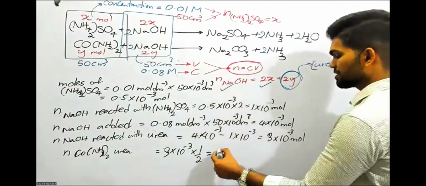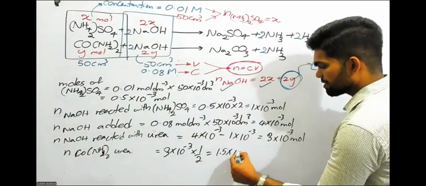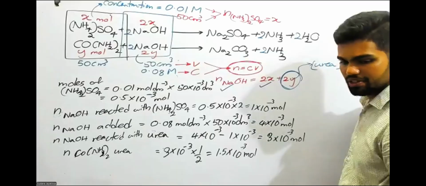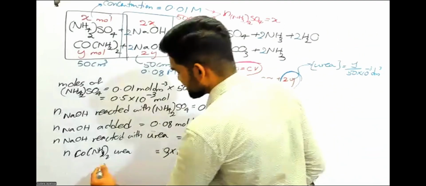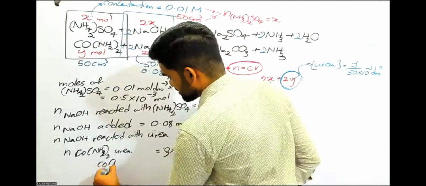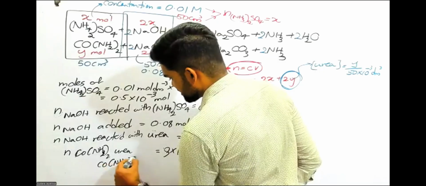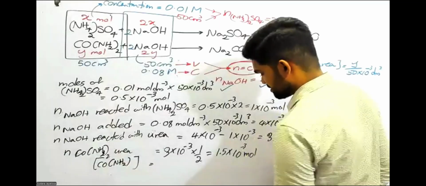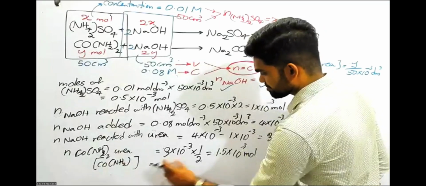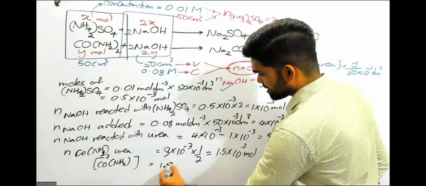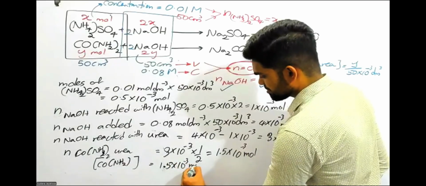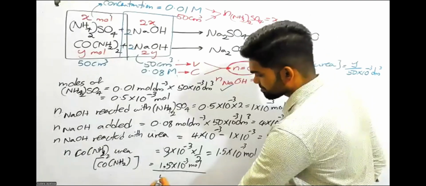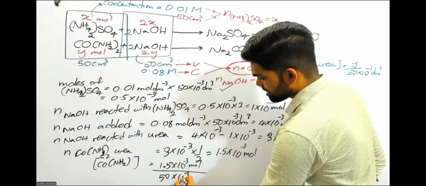So here it is then 1.5 into 10 to the power minus 3 moles. That's the number of moles of urea. So what we need is the concentration of urea. CONH2 twice concentration is equals to this moles over volume. 1.5 into 10 to the power minus 3 moles divided by the volume. What's the volume? 50 into 10 to the power minus 3 decimeter.